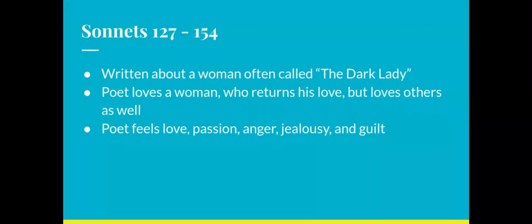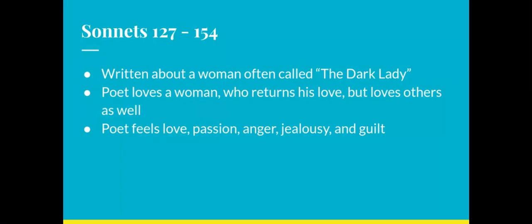So then sonnets 127 through 154 have a different object of the poem. These are often written about a woman that people refer to as the dark lady, and nobody really knows who she was. She seems to be kind of like his mistress or his girlfriend of some sort, and it seems like the poet loves this woman, and she returns his love.